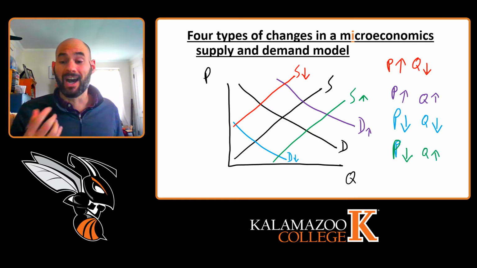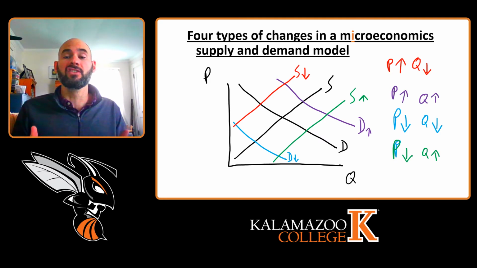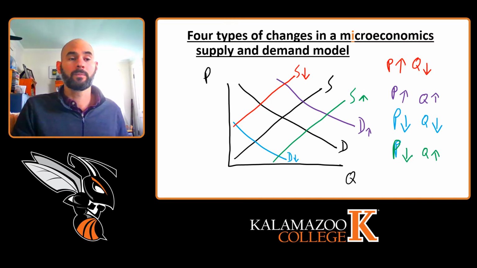And this is obviously going to have an analog in the aggregate supply, aggregate demand model as well, but it's really helpful for you all to be familiar with what those combinations would be due to a shift in one of the curves.